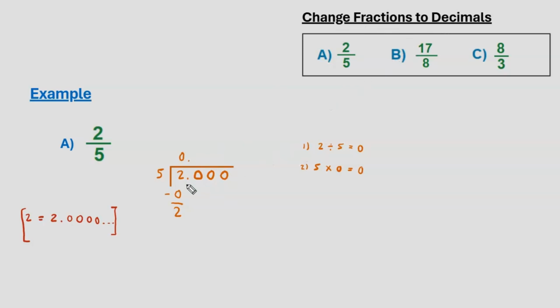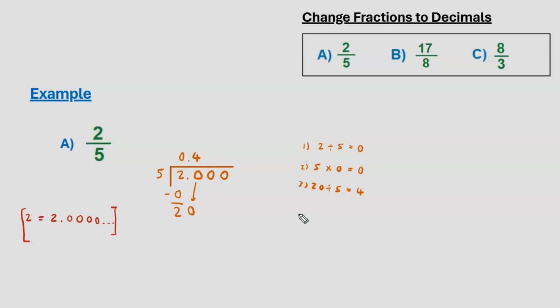So, let's bring down the first 0 after the decimal point alongside the 2. That gives us 20. So now we carry out 20 divided by 5, and that gives us 4.